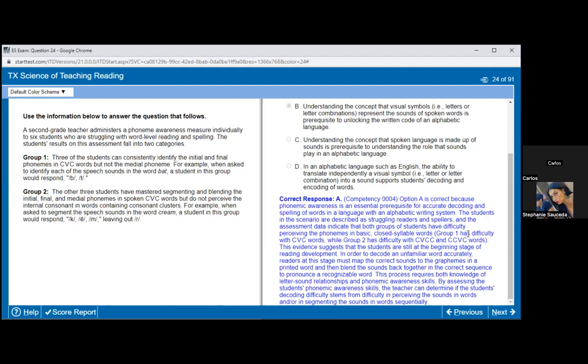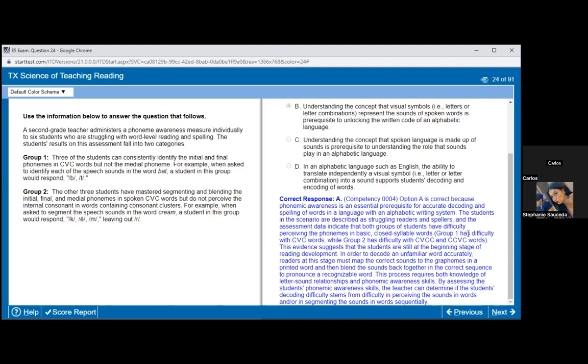In order to decode an unfamiliar word accurately, readers at this stage must map the correct sounds to the graphemes in a printed word and then blend the sounds back together in the correct sequence to pronounce a recognizable word. This process requires both knowledge of letter sound relationships and phonemic awareness skills.